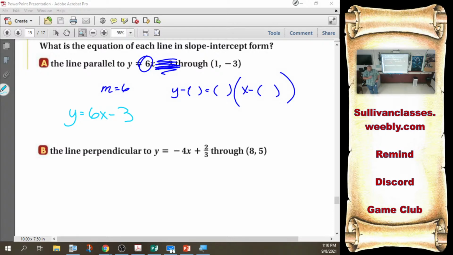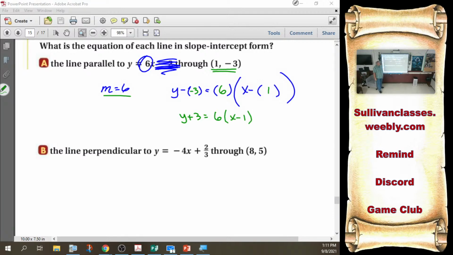That's very wrong. Don't do that. I mean, technically it is parallel to it, but it's not through that point. You have to remember to take it all the way. Your slope, use this point, negative 3 and 1. Y plus 3 is 6 times x minus 1.